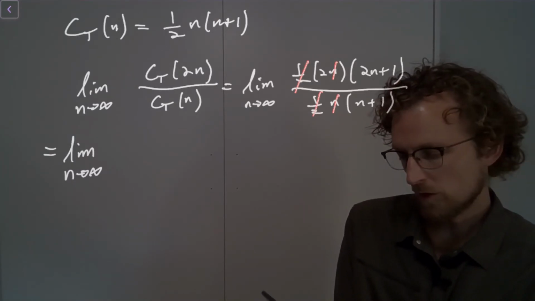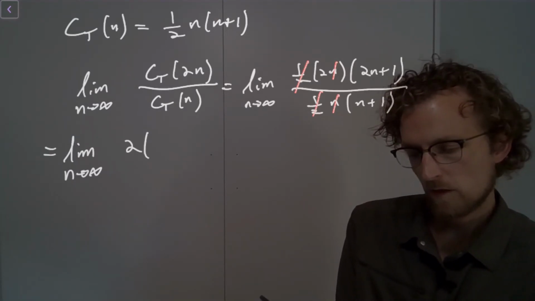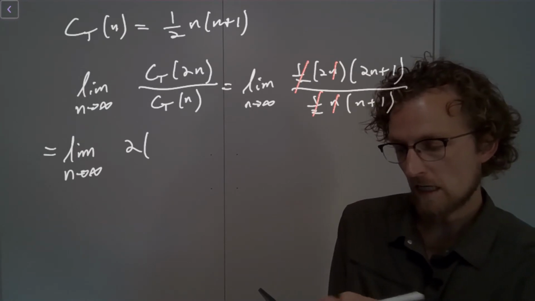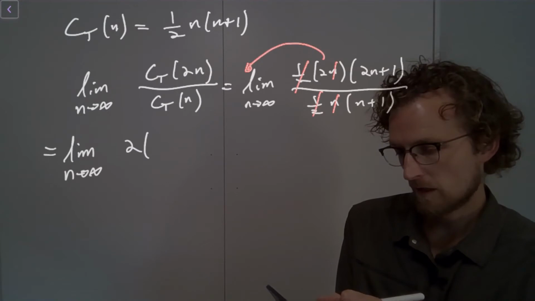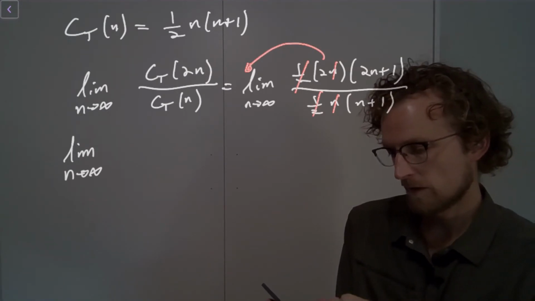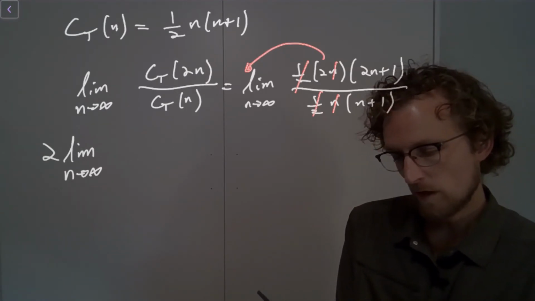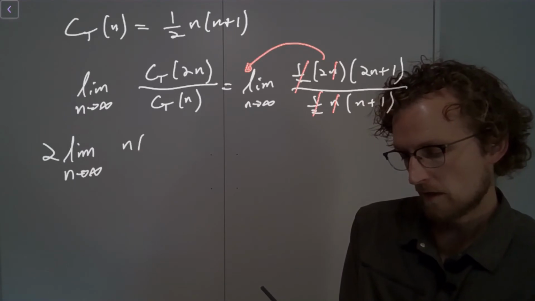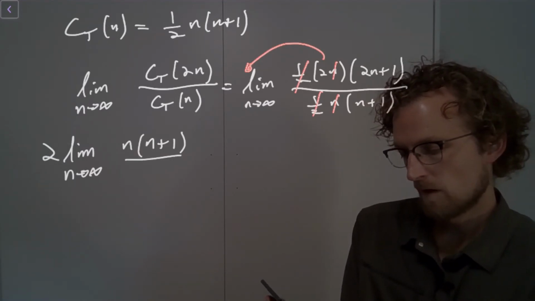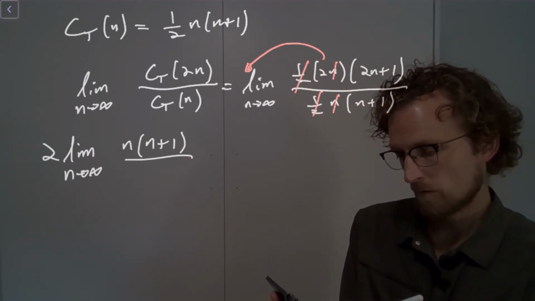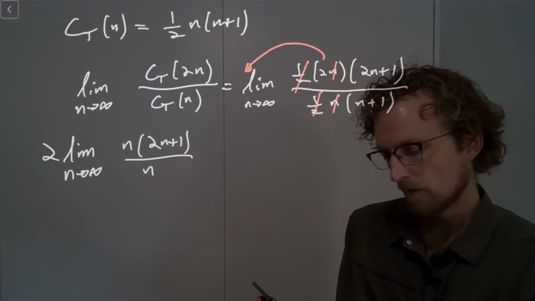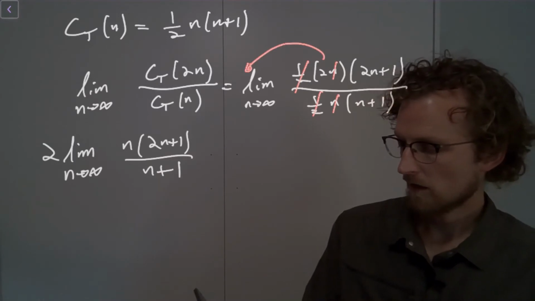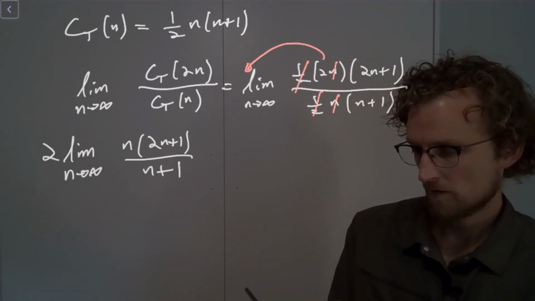So here we have 2 times, oh, we can do one more thing. We can take that 2 and push it outside the limit. So we have 2 times the limit of 2n plus 1 over n plus 1. And I think I've got everything accounted for then.